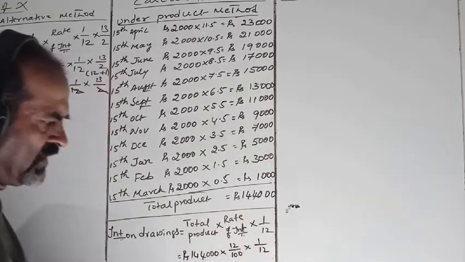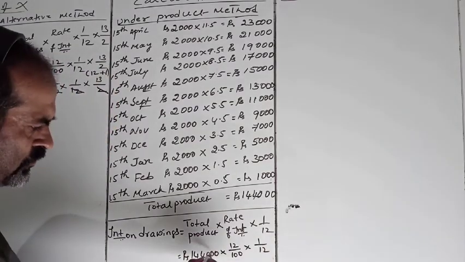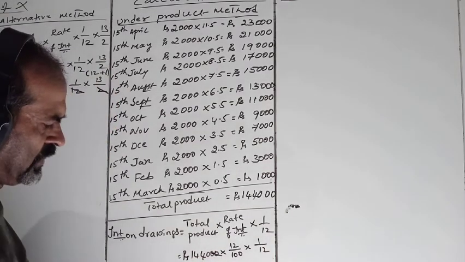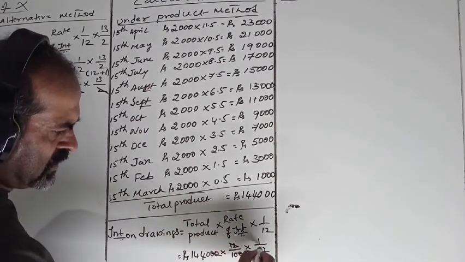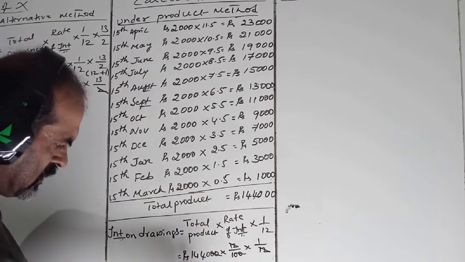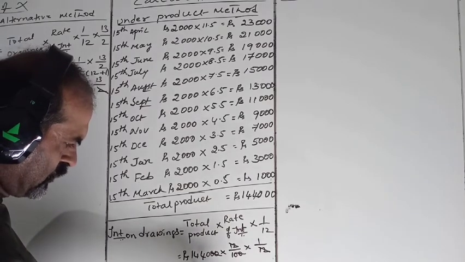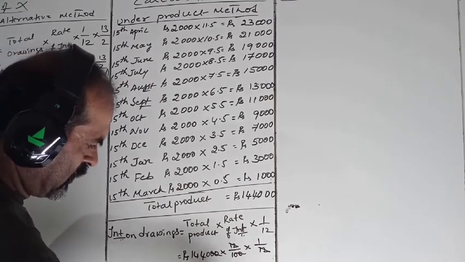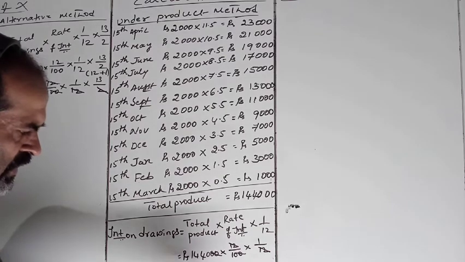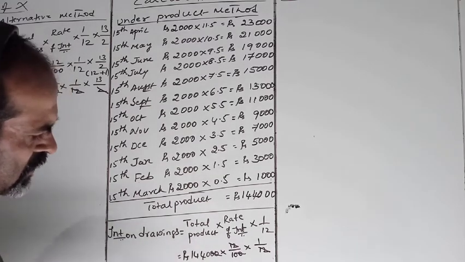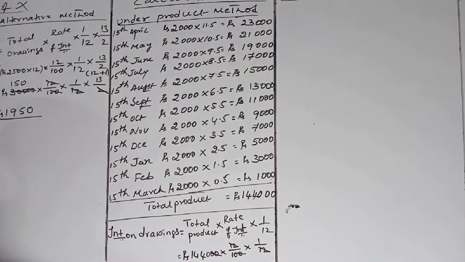The 1 by 12 is the common factor. Simplify the answer. 0000 cancelled, 12 ones are 12 ones cancelled. The answer is 1,440. When the partner withdrew rupees 2,000 in the middle of every month at the 12% rate of interest, the interest on drawing comes to rupees 1,440.